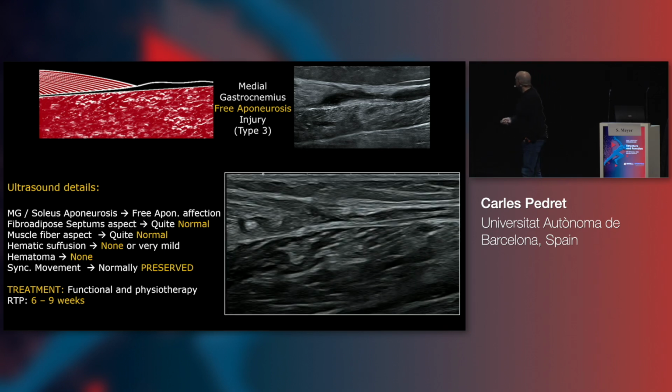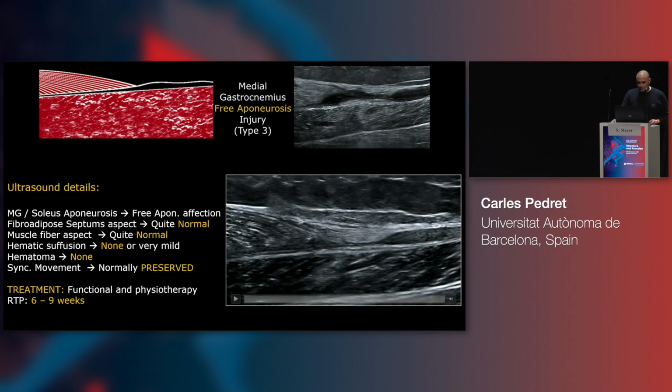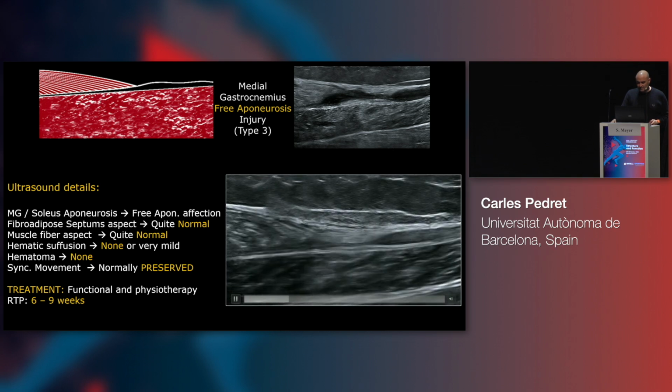And what we see here is just a thickening in the distal part of the medial gastrocnemius myotendinous junction, but then it moves over to the Achilles part, affecting mainly the free gastrocnemius aponeurosis, okay? That means this area here. Look here.